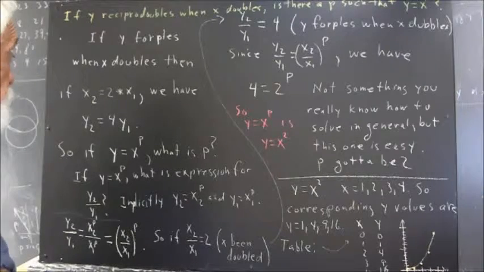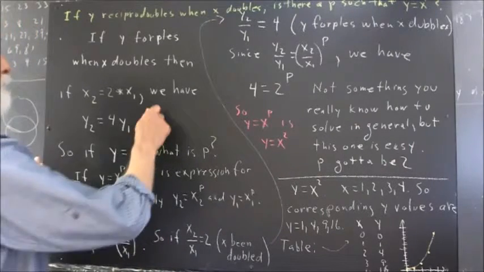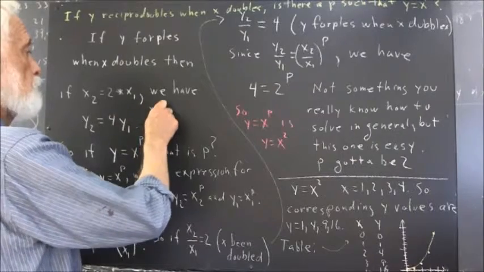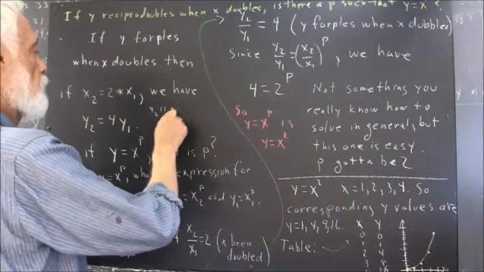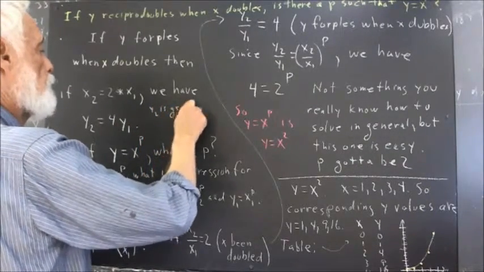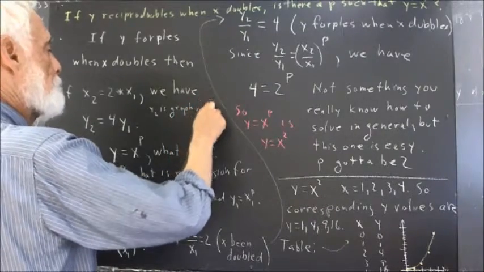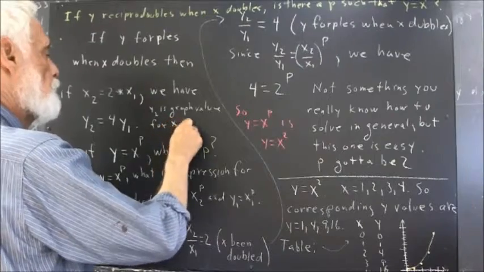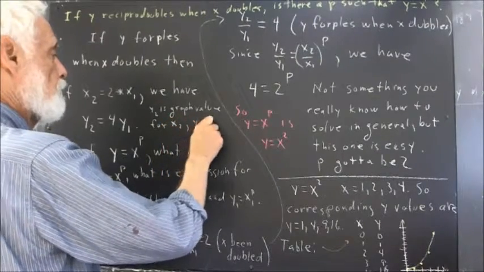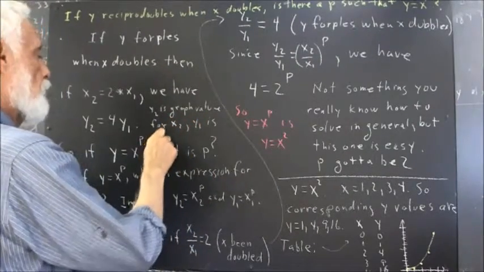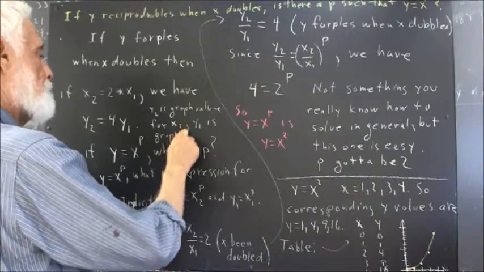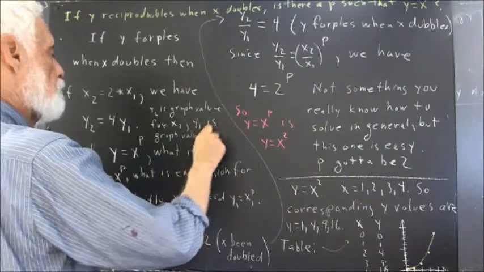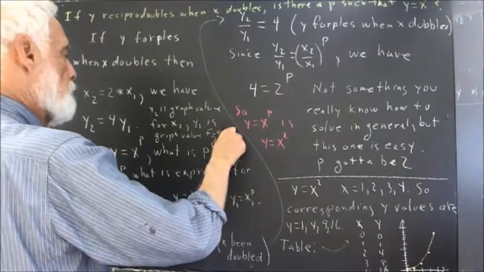Now that's implicit, but y2 is the graph value for x2, y1 is the graph value for x1.